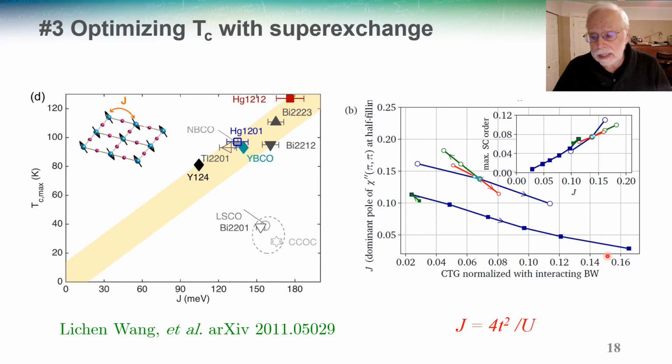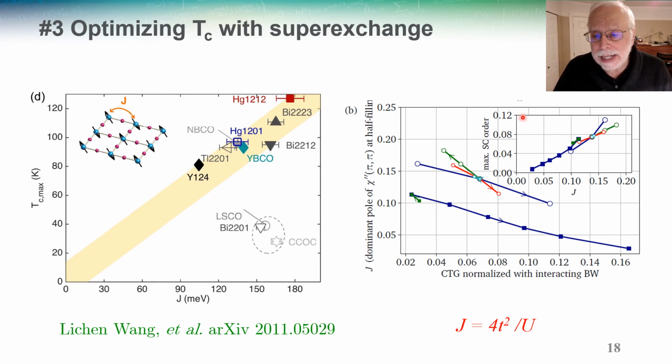That's easy to understand if you look at the well-known expression for the superexchange and you replace U by the charge transfer gap. Now we understand the difference between the ionic and the covalent class of models. Indeed, it's clear that the effective hopping will be smaller for the ionic model than for the covalent model.